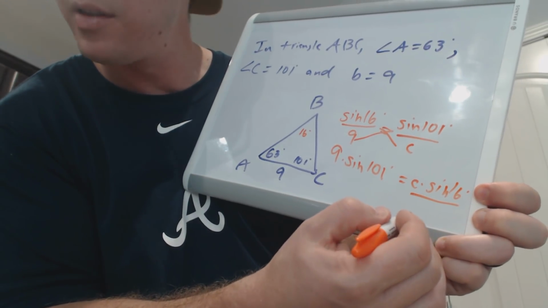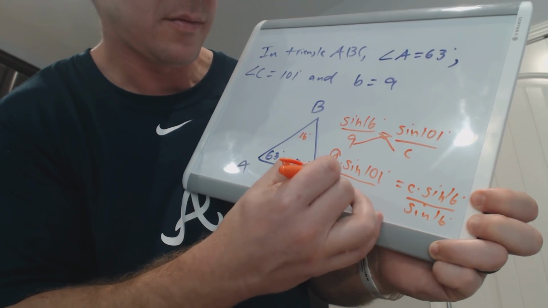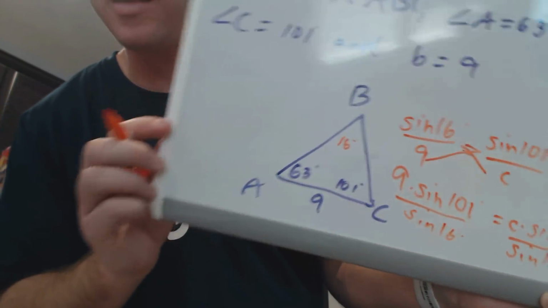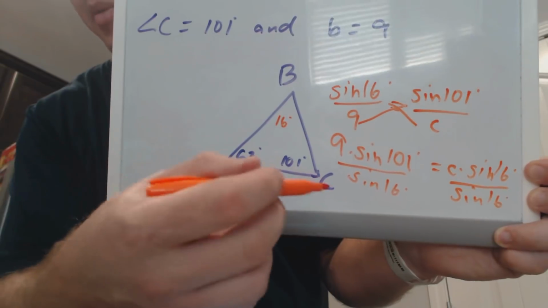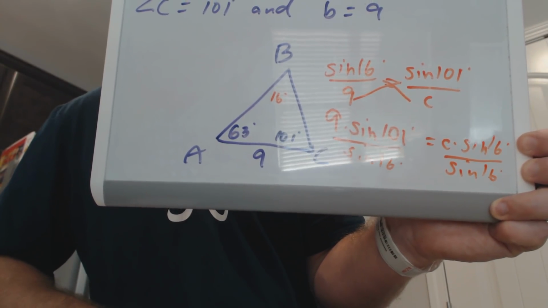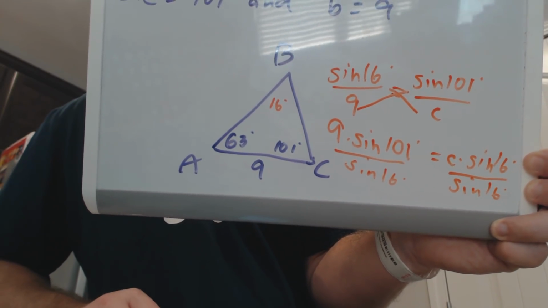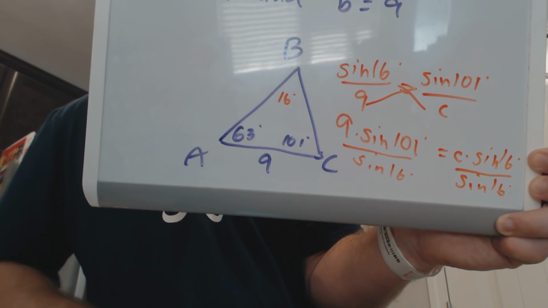And if you just divide both sides by the sine of 16, you'll get your answer. So I'm going to type in my calculator. Check it out. 9 sine 101 divided by sine 16, just like this.